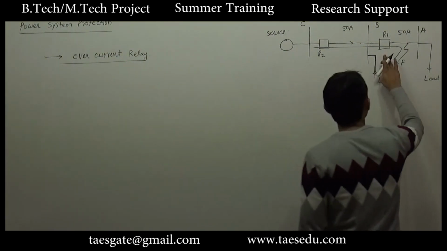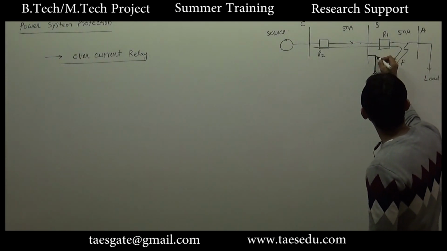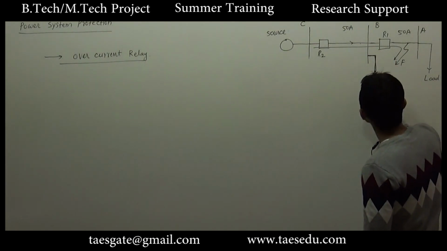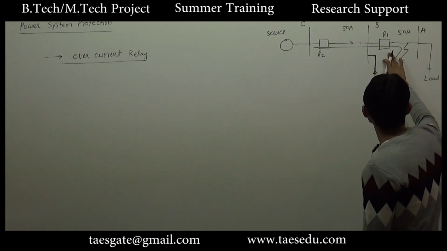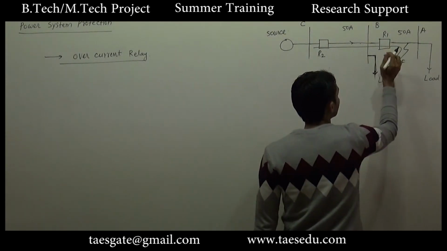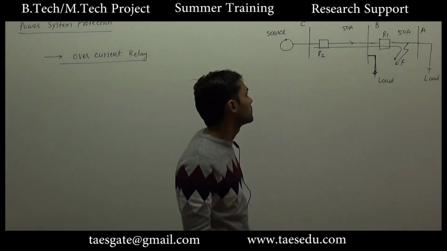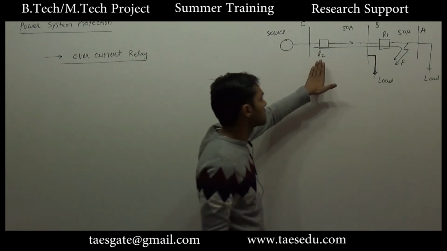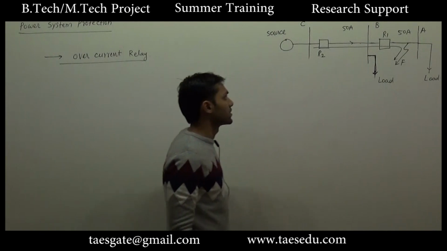If the relay R1 operates, this part of the circuit will be isolated, and the load connected to bus B will still be getting power supply from the source. So this will be the desirable protection. But if this fails to protect, in that case the relay R2 will be operated, and in that case this whole part will be cut off from the electrical supply.